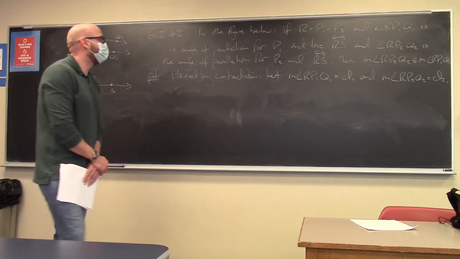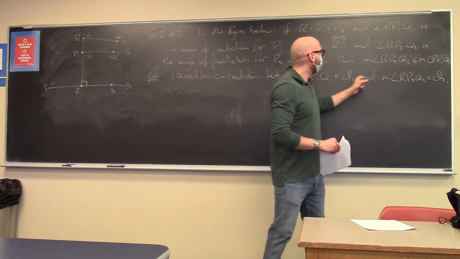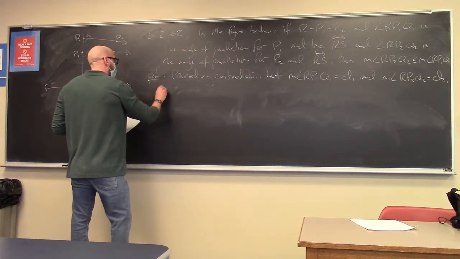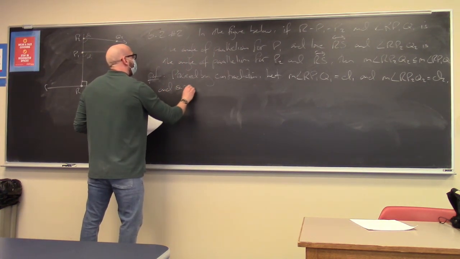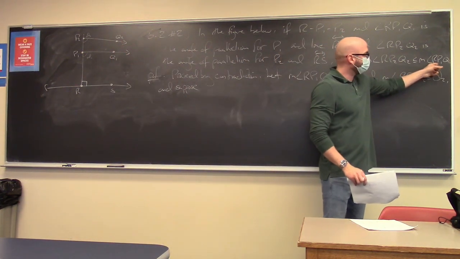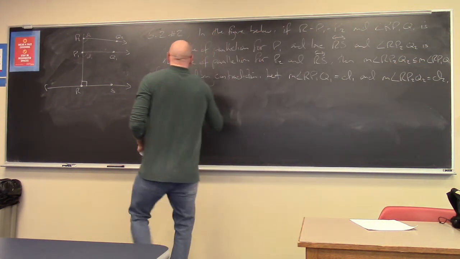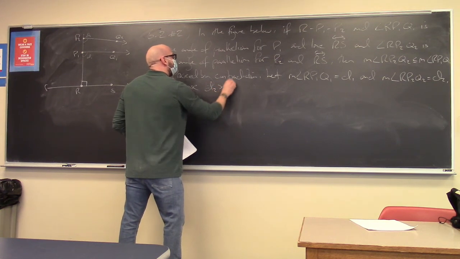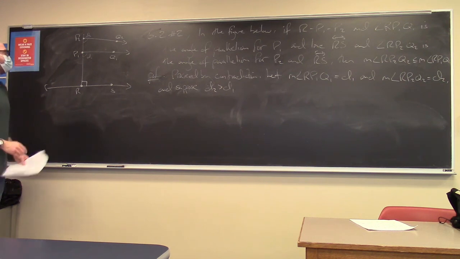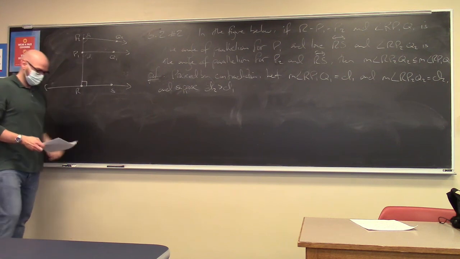Our assumption, to hopefully reach a contradiction, is going to be the opposite. Oh, wait. We're trying to prove D1 is bigger than or equal to D2. Other way around: suppose D2 is bigger than D1. So suppose as we proceed further down this line, we end up with a bigger angle of parallelism up here.